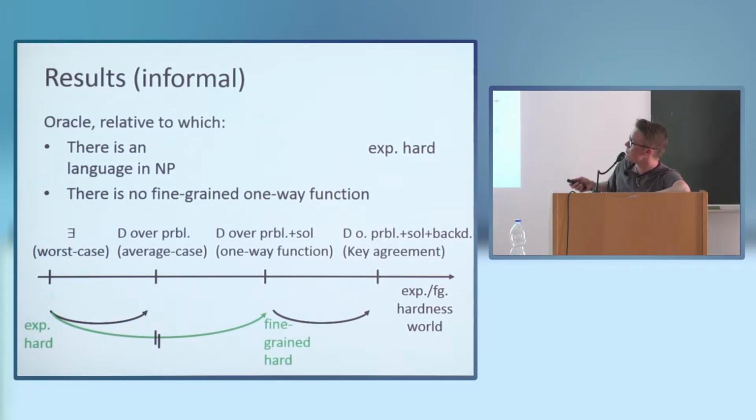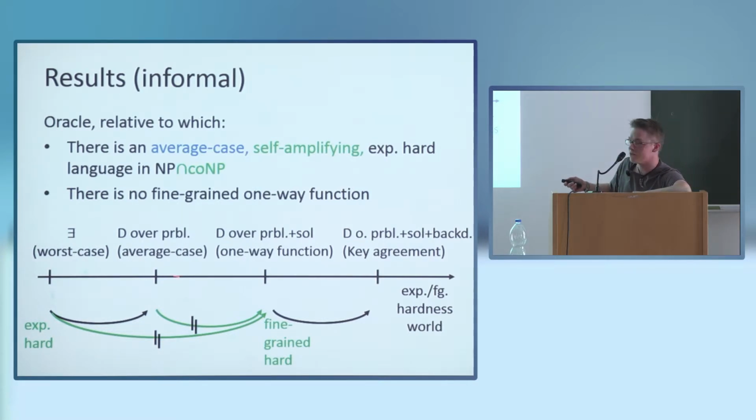So there are a couple of gaps. We make our assumption a little bit stronger. We start from an exponentially hard language that is average case hard, has self-amplifying hardness, and instead of starting from NP, we also start from NP intersected co-NP.